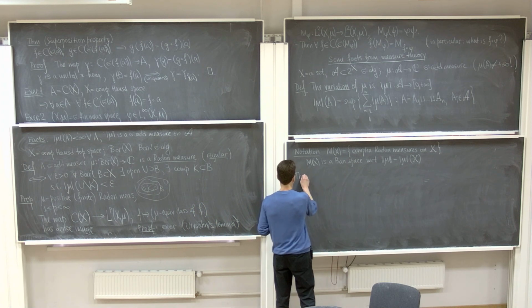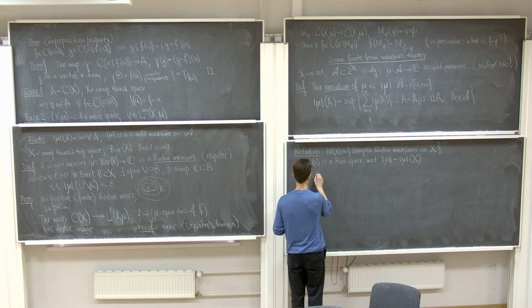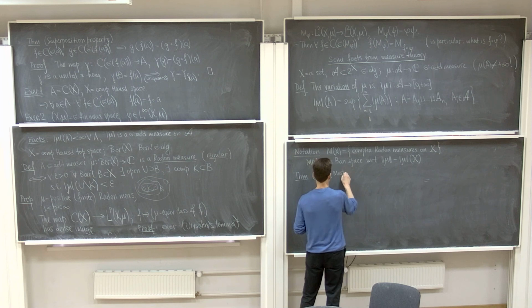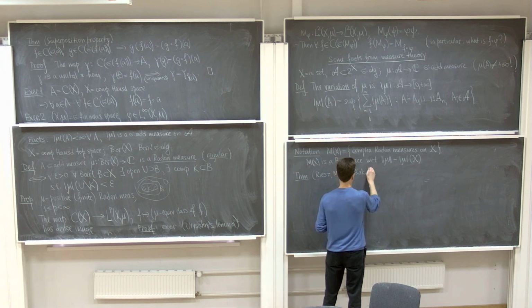So we have the following fundamental result, which is usually referred to as the Riesz-Markov-Kakutani theorem. But the truth is that this theorem is due to many people.